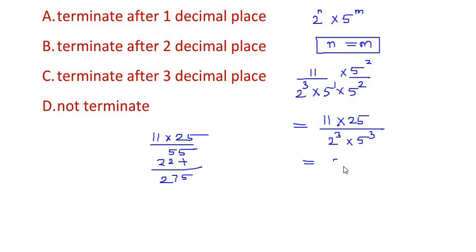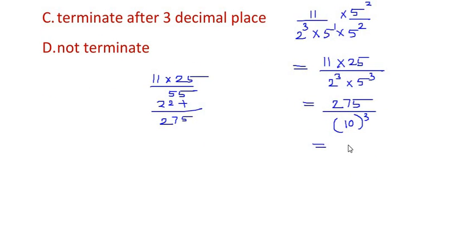So the numerator becomes 275 over, now again using the laws of indices, if the powers are the same, then we can just multiply the bases. So I'm going to multiply 2 and 5, and that gives me 10, and the power remains the same.